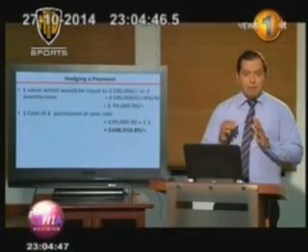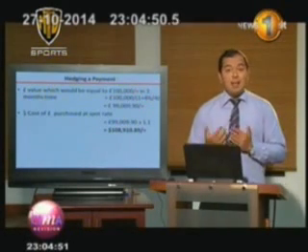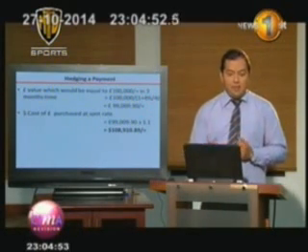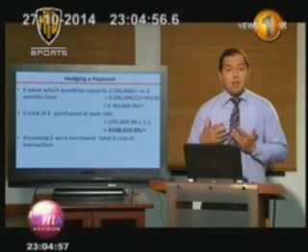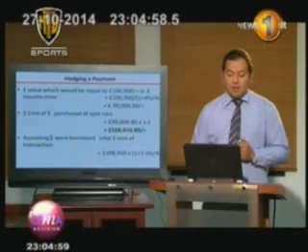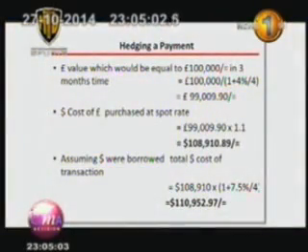But for the purpose of comparison, we assume that these dollars are borrowed for a period of 3 months. So, assuming they were borrowed, the total dollar cost of this transaction would be $108,910.89 multiplied by 1 plus 7.5% divided by 4. What is this 7.5%?